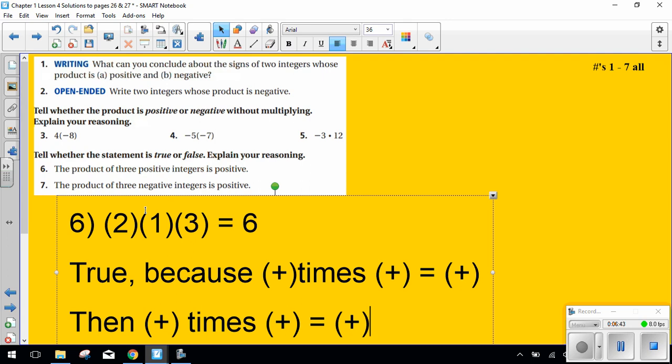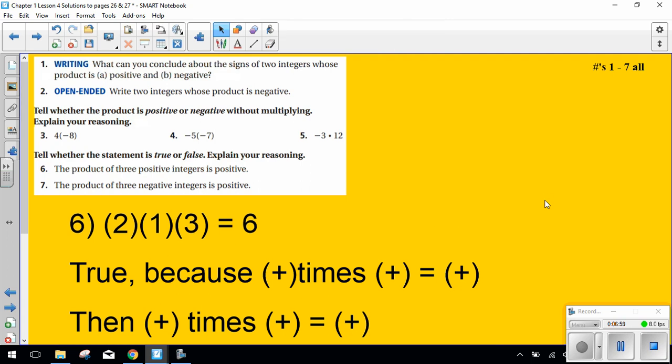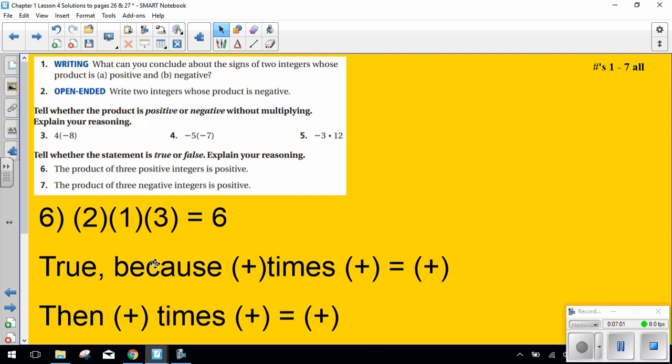And then when you get your solution for 2 times 1, you take that answer, whether it was positive or negative, and multiply it to the third number. So you look at 2 numbers at a time, okay? So I would rather you look at number 6 and 7 this way than looking at all the signs at one time, okay? So number 7, I'm going to delete number 6.